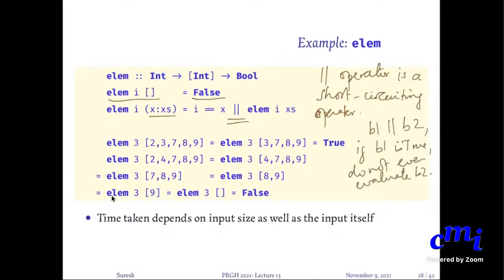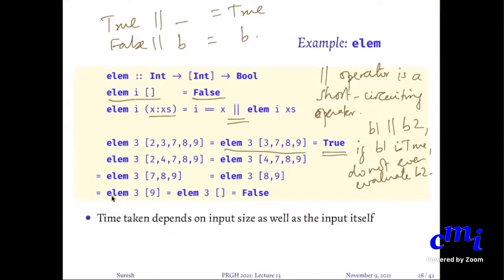That is nothing very mysterious, because the definition of or is just that true or anything equals true, false or B equals B. So the moment the first argument is true, it will stop. It will not make the recursive call. Once you see elem 3 of 3 7 8 9, it will check that 3 is equal to 3, that evaluates to true, so the whole thing will evaluate to true.